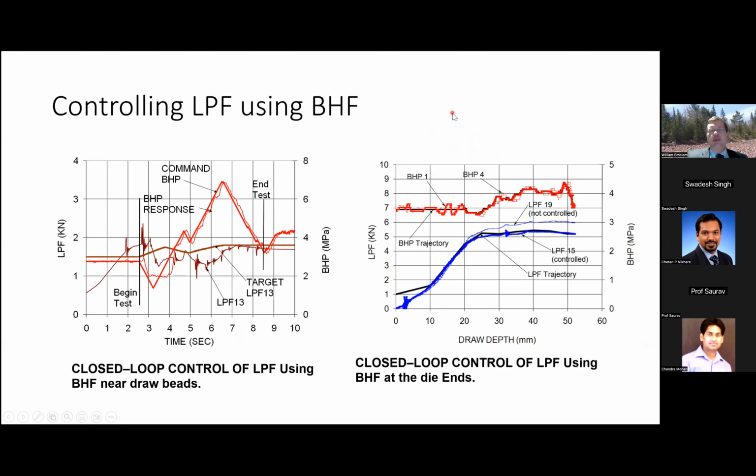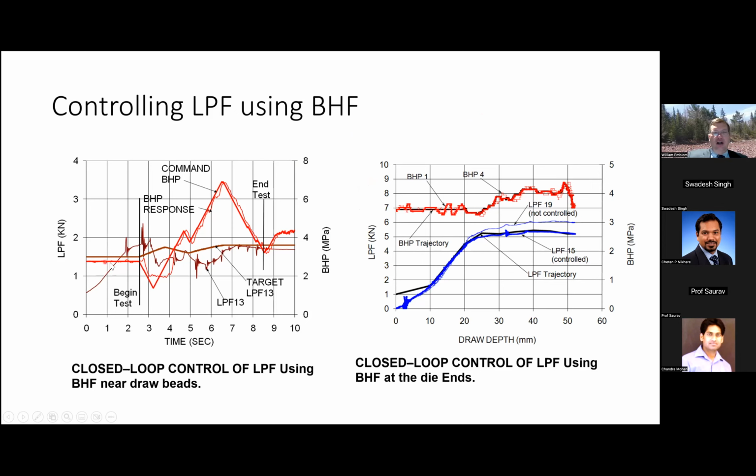So we actually implemented 4 different types of closed loop control using the local punch forces to control, and controlling using either the blank holder force or the active draw bead. So I'm going to show you what happens with the local punch forces first, controlled by the blank holder force.